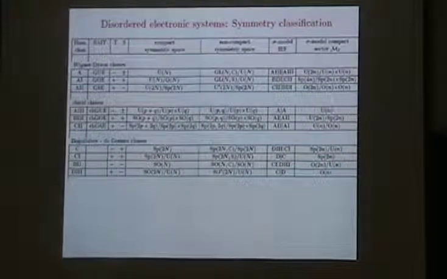For example, when you start from just this class A, where the Hamiltonian has no symmetries at all, as we went through this mapping, you map onto the Q matrices, with the retarded and advanced sector, you have this matrix lambda, and as a result the symmetry is U2n over UN cross UN, which is what we call A3 symmetry.